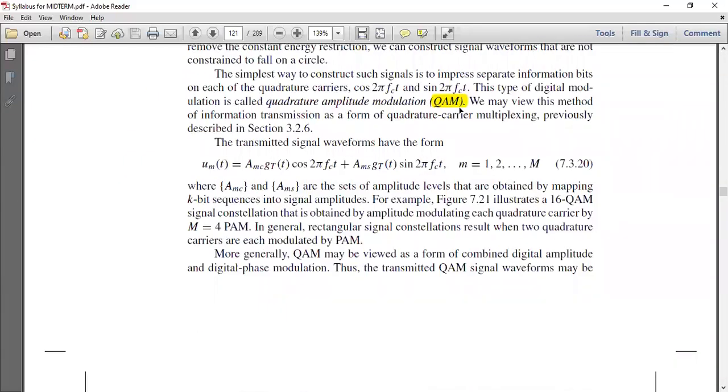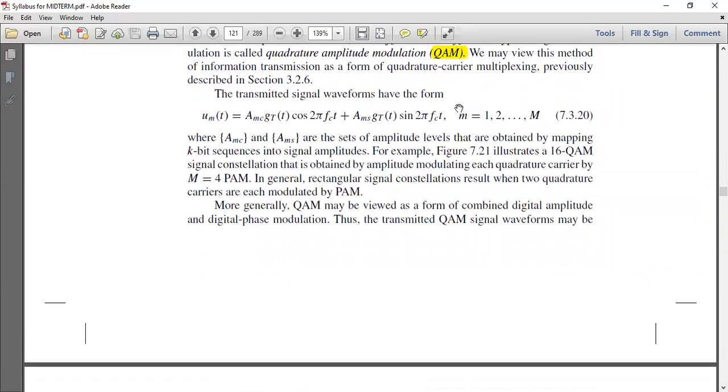Now QAM is actually a combination of PAM and PSK because in this case we have combined digital amplitude as well as phase modulation. So this line is the key thing. It's very important that you understand the difference between PSK, PAM and QAM.